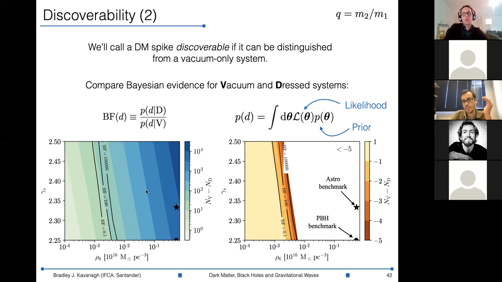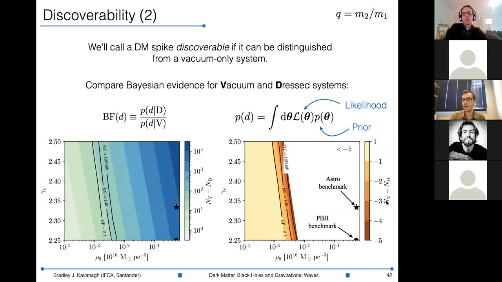The problem is that this is not a good measure of how big the dephasing is, because if you see some signal, you don't know what the vacuum system looks like. You cannot compare the system with this dark matter halo and the system in vacuum, because you don't know what the system in vacuum is.